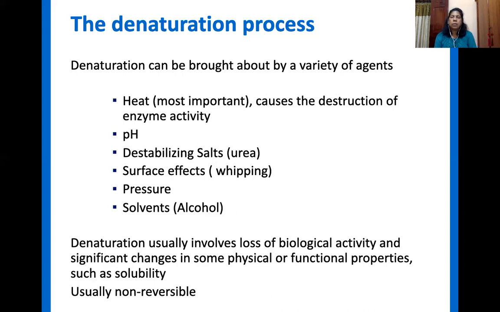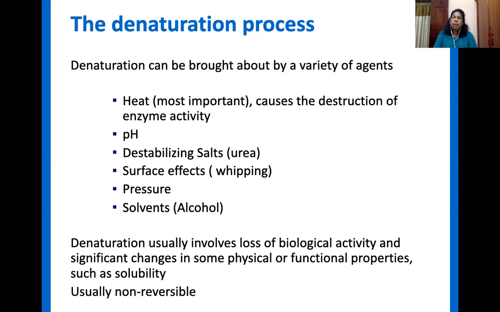Denaturation usually involves loss of biological activity and significant changes in some physical or functional properties, such as solubility, and is usually non-reversible. In some situations, this denaturation involves loss of biological activity which can't be reversed. Once you open it, you can't reverse it. You can't get that protein structure back.